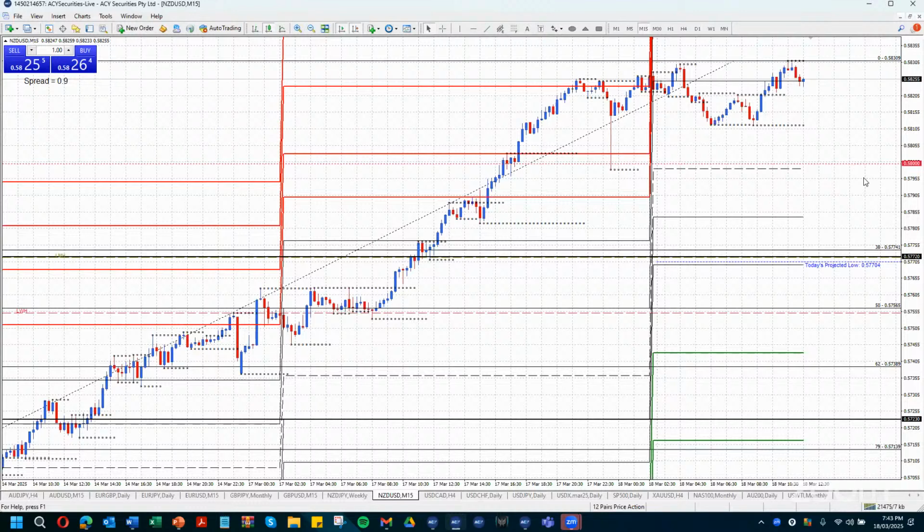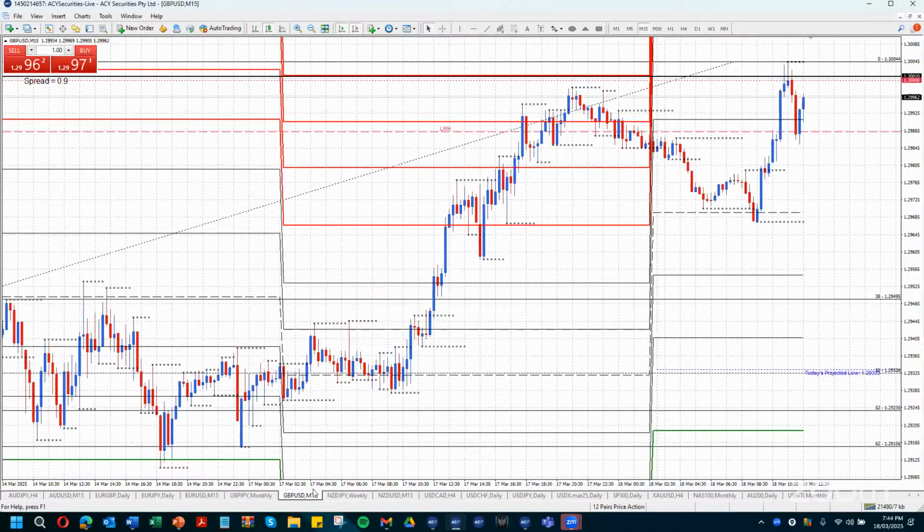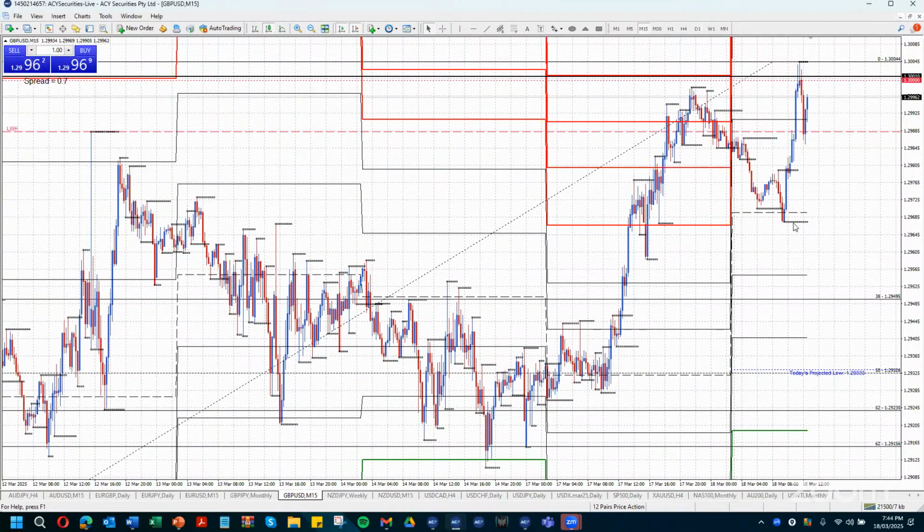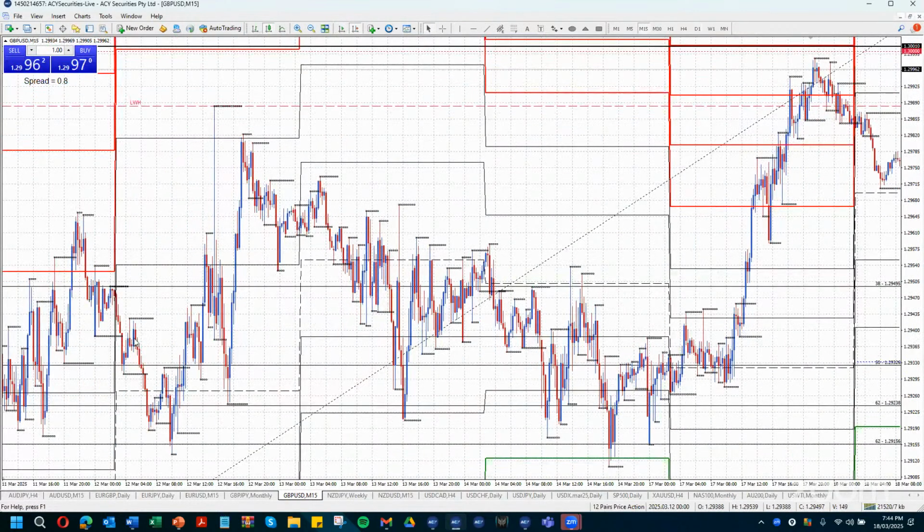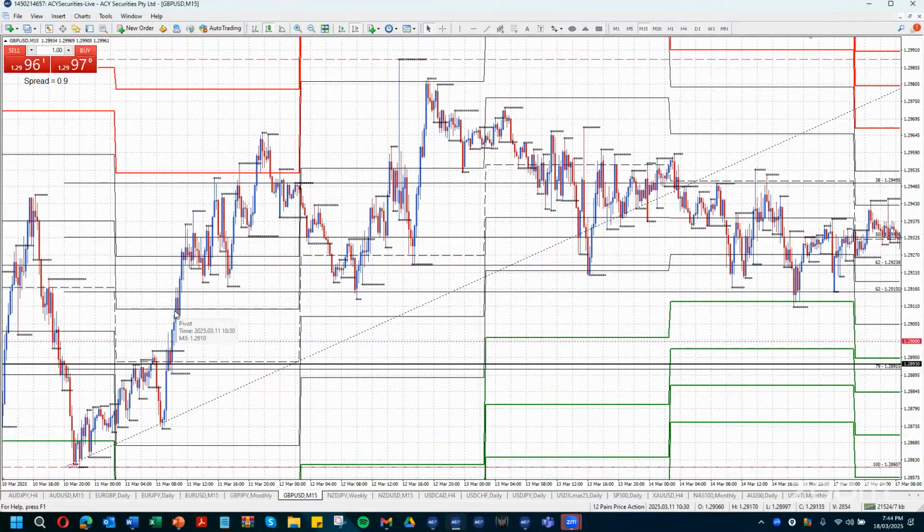I'm pretty sure last week on the pound, just want to squash this in. So Tuesday, Monday, Friday, Thursday, Wednesday, Tuesday.